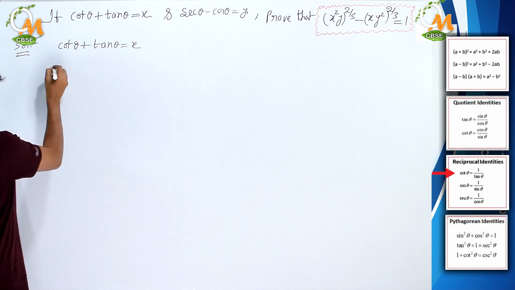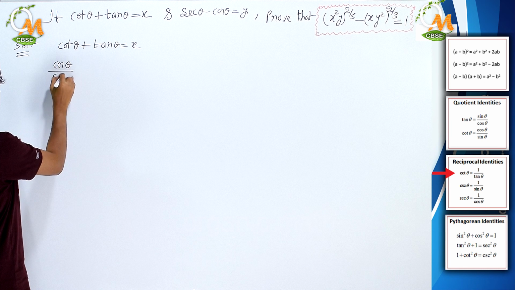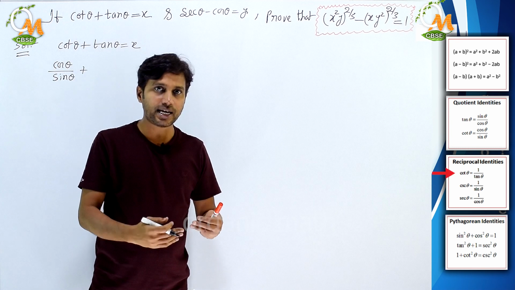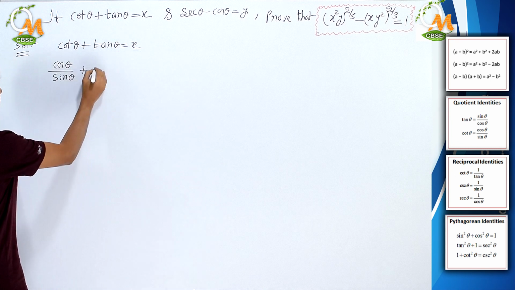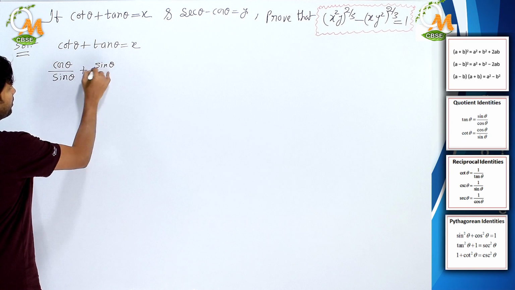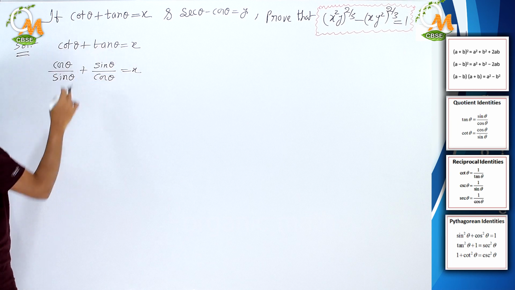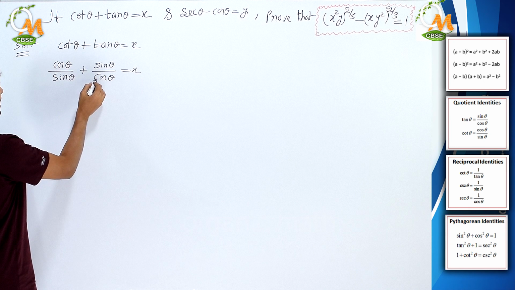So cos theta upon sin theta plus tan theta. Tan theta can be expressed as the ratio of sine to cos, so sin theta by cos theta. Or you can say cot theta is the reverse of tan theta. Anyways, now for further simplification, I will take LCM.